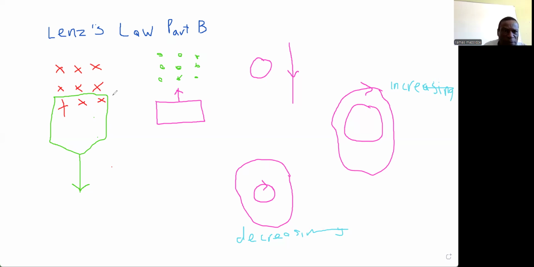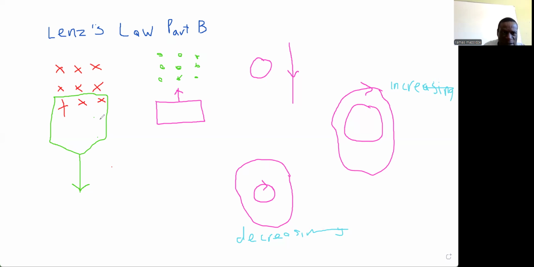And that change is a decrease, which means the magnetic field inside the coil will be in the same direction as the external magnetic field. I take this part of the coil, because the change in magnetic flux around the coil is a decrease, since it's moving away.